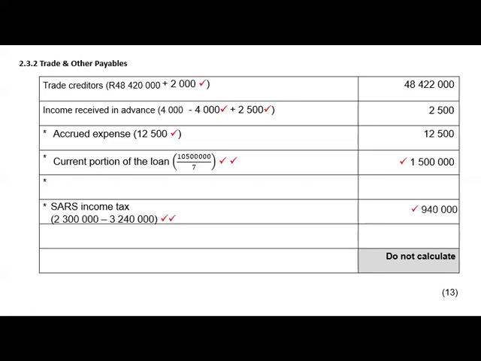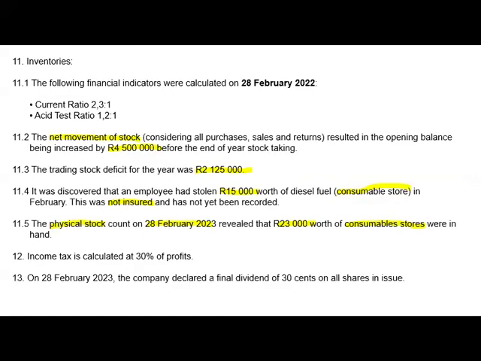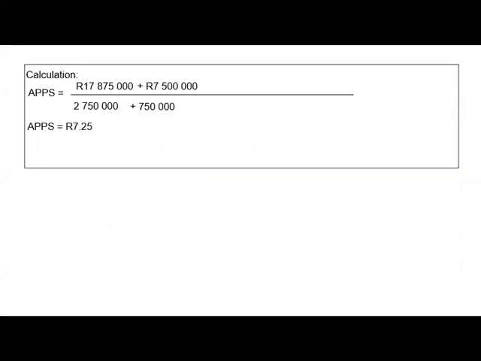Done. Next one, which is the last one, guys. This is so exciting, don't you think? Let's go to the last one. It says on the 28th of February 2023, the company declared a final dividend of 30 cents on all shares issued. By now you know how many shares we issued. It is that denominator over there, but we just have to subtract 150, which is the shares bought back.